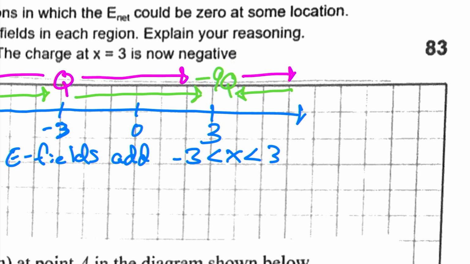And if we're always closer to the larger charge, the electric field from the 9Q is always going to be larger than the electric field from the single Q. And while they will subtract, they won't ever totally cancel each other out.